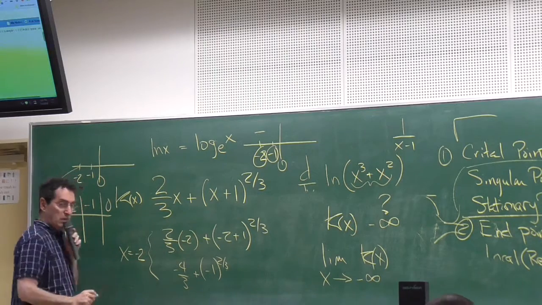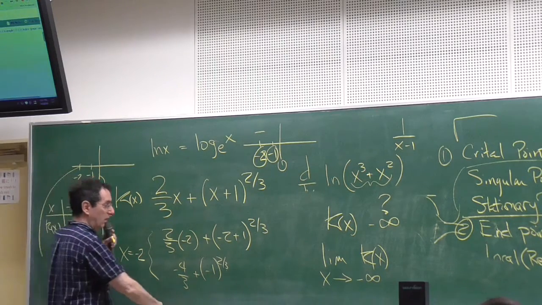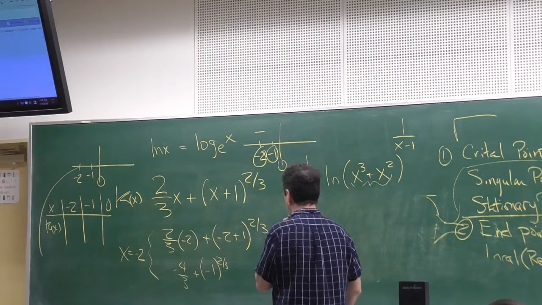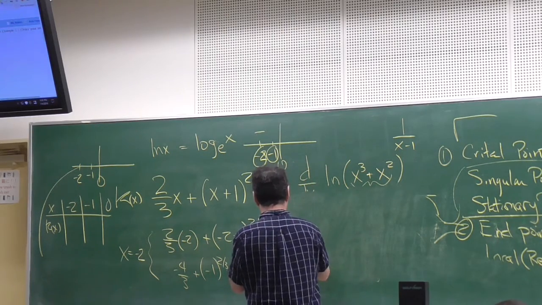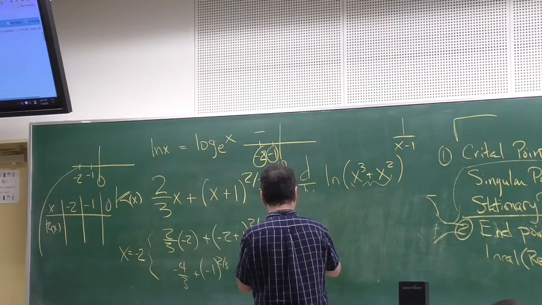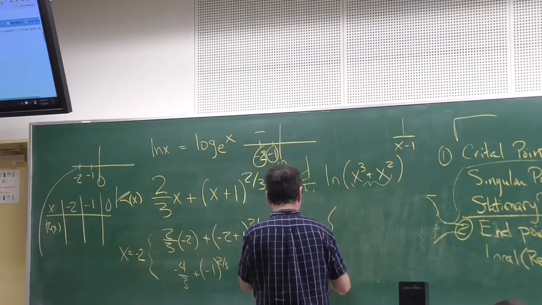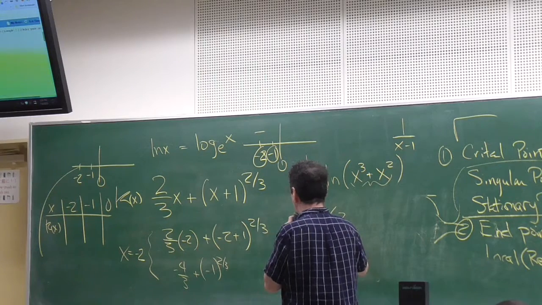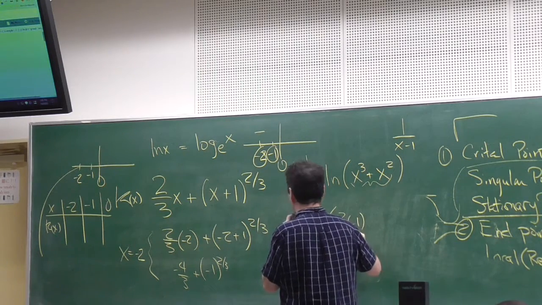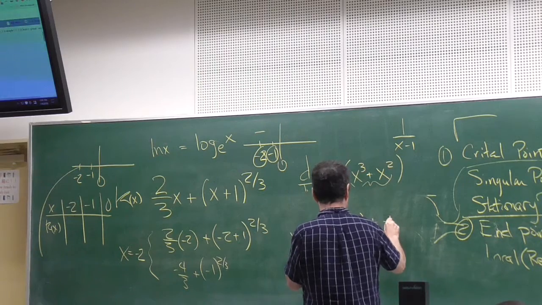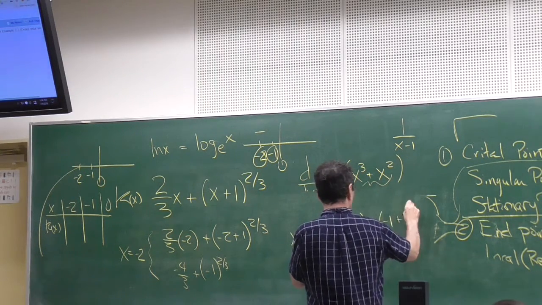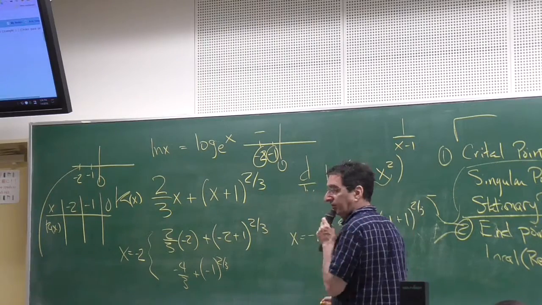Negative 2. Okay? And how about when x equals negative 1? What do we get? 2/3 times negative 1 plus negative 1 plus 1, 2/3, right?